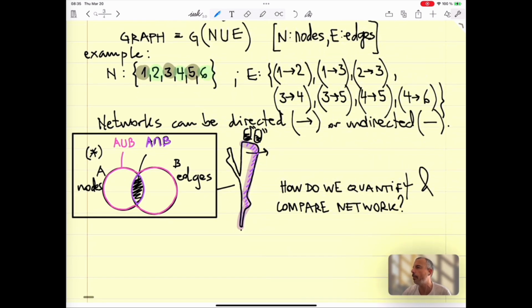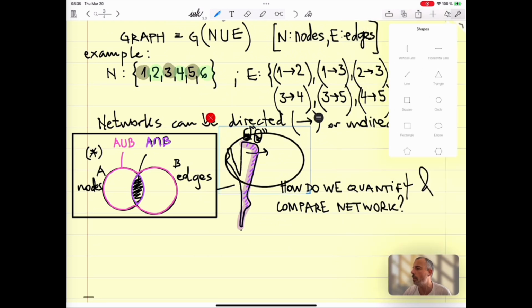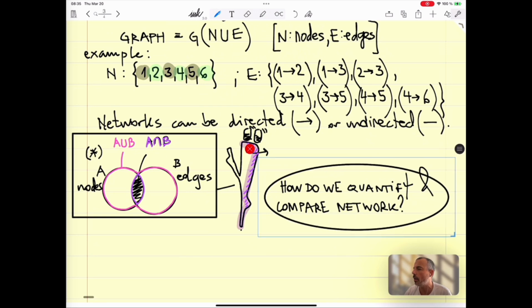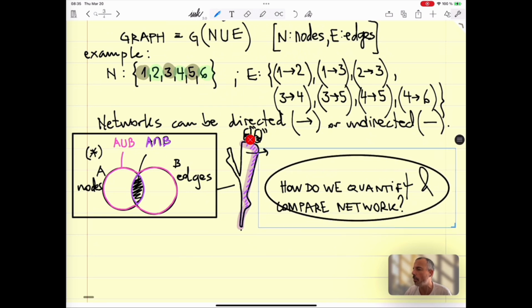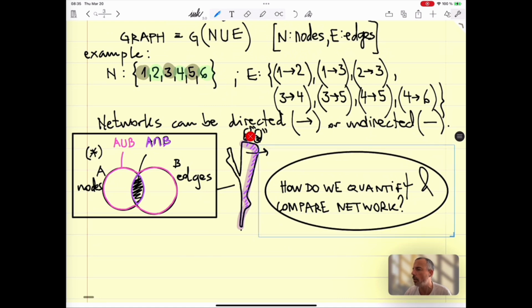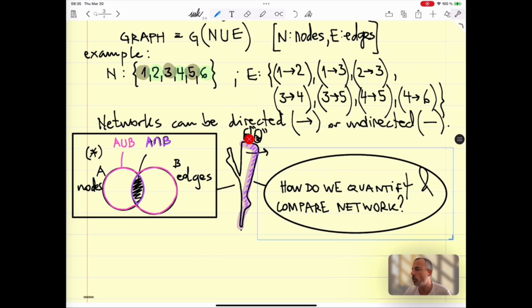This is something that this little guy here is going to be asking himself. We are asking ourselves that question. Why? Because if we can compare and quantify, then we can manage.